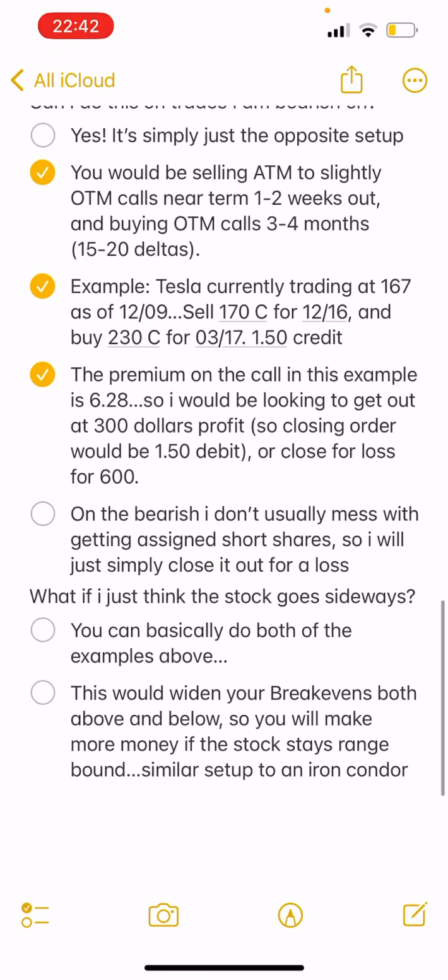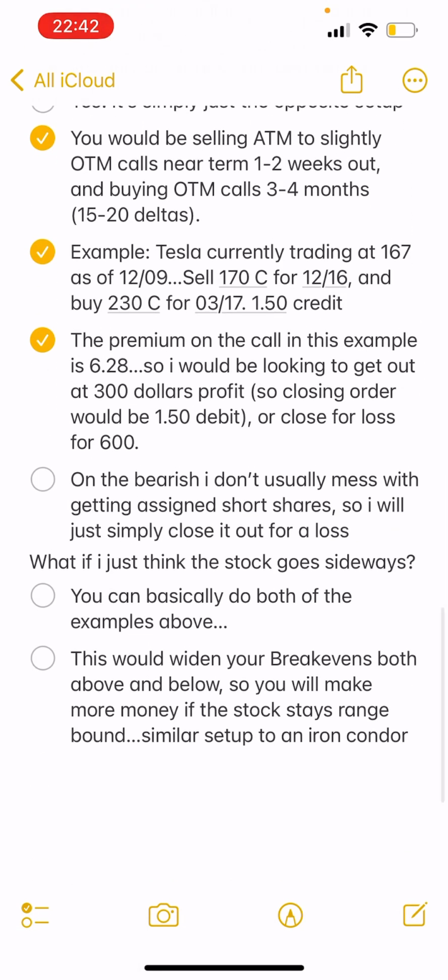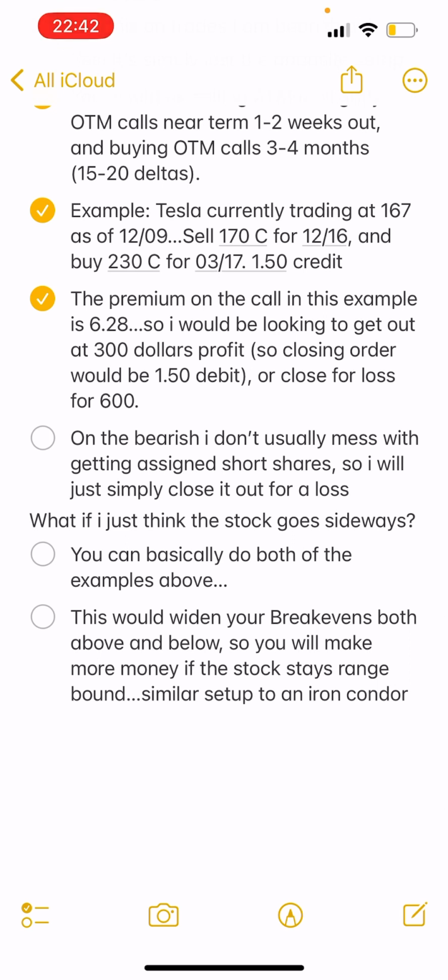Yeah. So your limit order would be set at $300 profit. So it would be at a 150 debit, right? So pretty simple. Or you can close out for a loss for $600. At which point, then it would be a 750 credit that you'd be closing it out at a loss for. Okay.